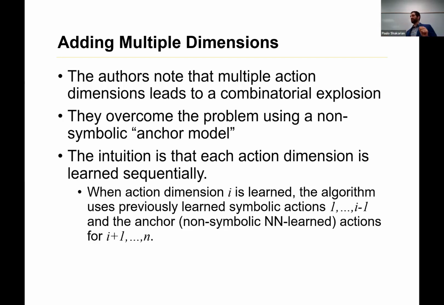So if I have, let's say, 5 actions I'm trying to learn, and I'm already at an iteration where I've learned actions 1 and 2 symbolically, for actions 4 and 5, I'll use stuff from the anchor model, the black box neural model, and I'll only learn action 3. And it turns out this works pretty well.